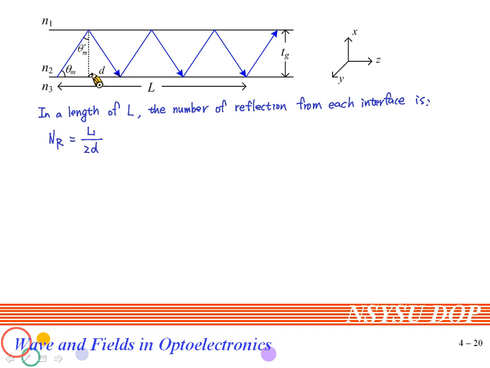The D is here, so 2D means this distance. And the D value can be obtained by Tg times cotangent theta m, where theta m is the angle with respect to the waveguide axis as the optical waveguide mode propagates along the waveguide.